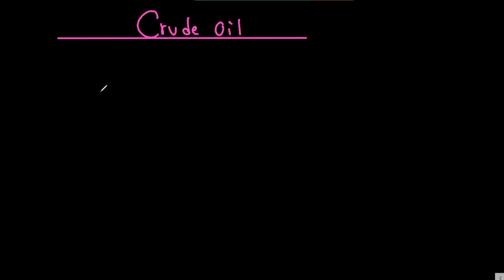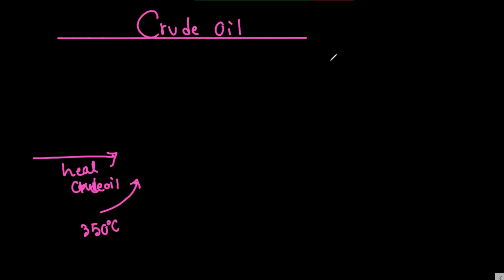So as you know, most of the time when the crude oil is extracted from the seabed, we heat the crude oil to around 330 degrees Celsius.